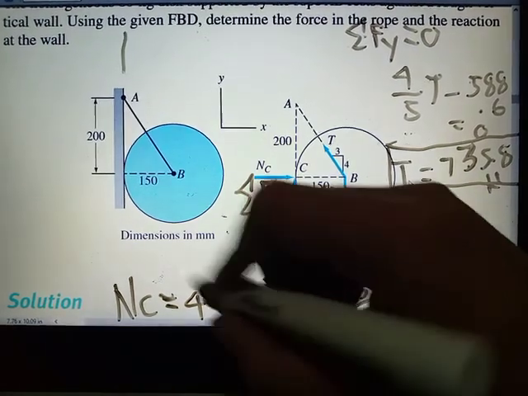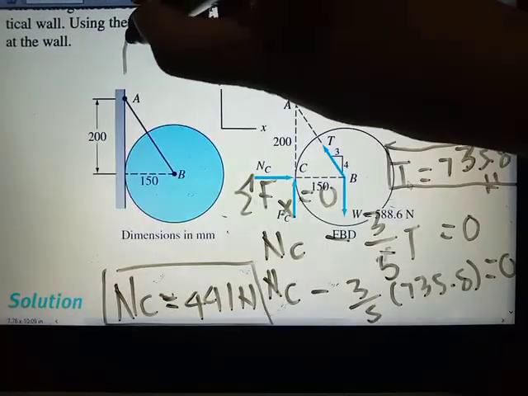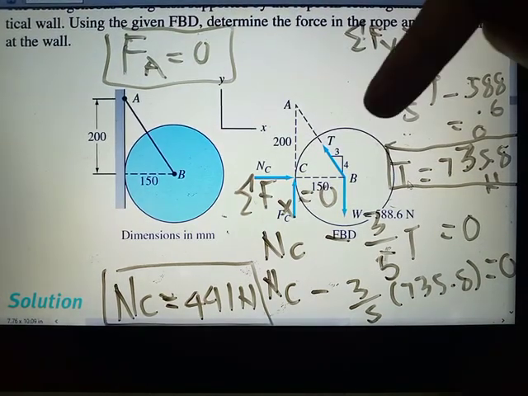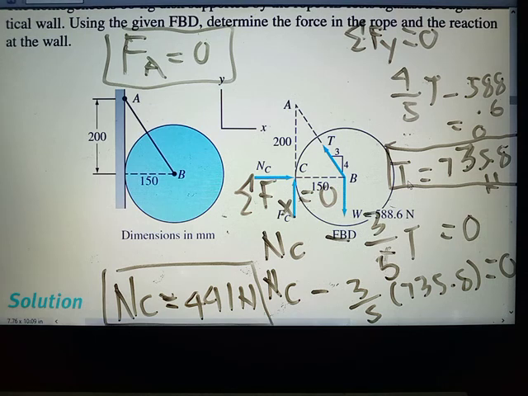We know that your FA is equal to 0, because of that moment equation: only FC has the moment arm, while NC and W have no moment arm around B. I hope you understand this part of the problem.